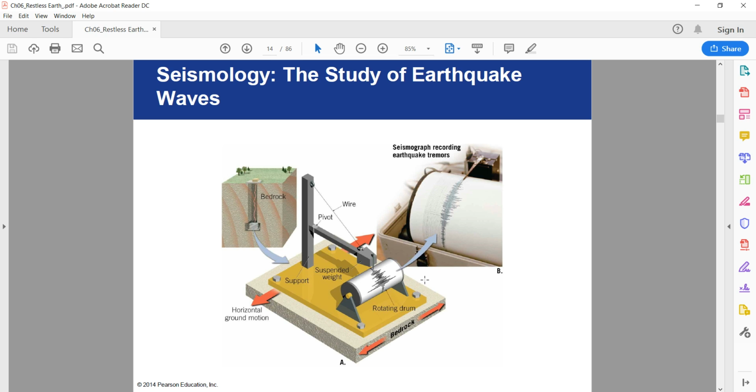Depending on how the earth is moving and how fast it is moving, that motion will be registered on this piece of paper. Later we can look at the amplitude and duration of the shaking of the earth, and that can help you determine how strong the earthquake event was. So please look at the video that I posted on Canvas about seismometers.